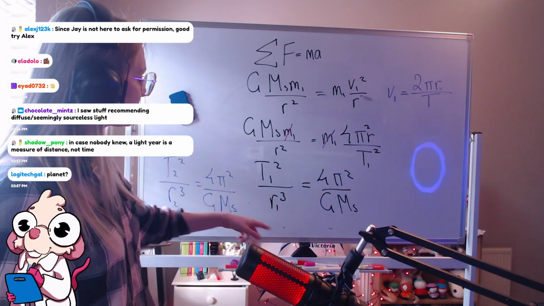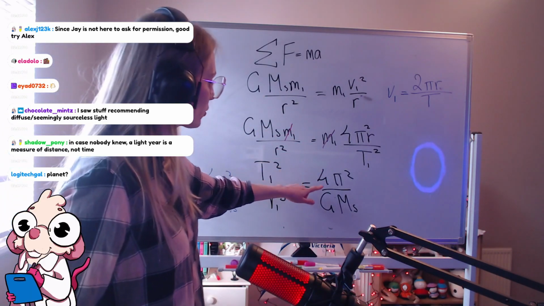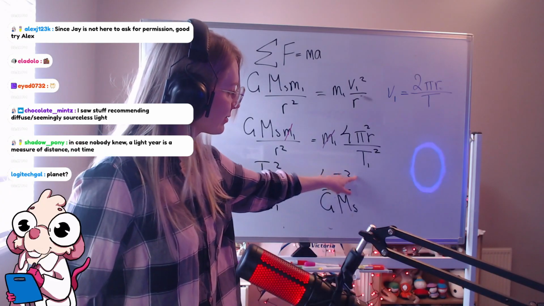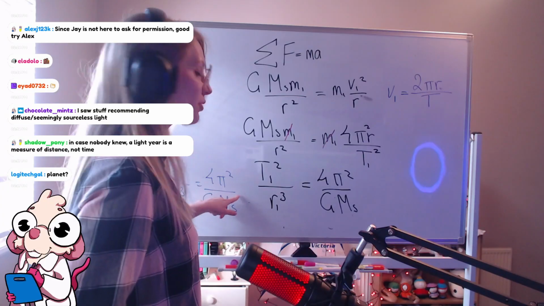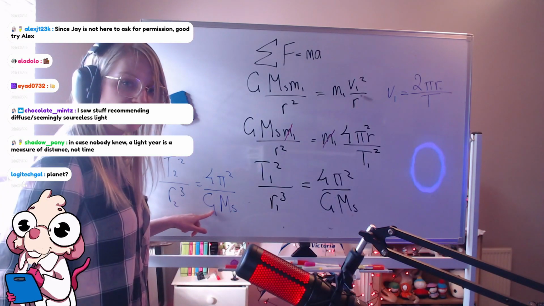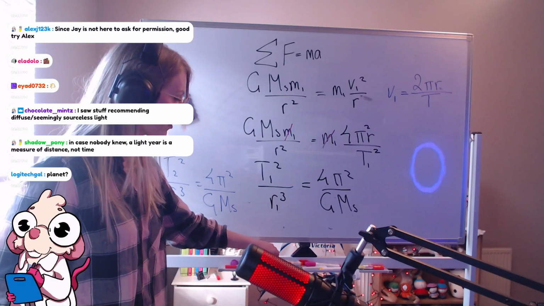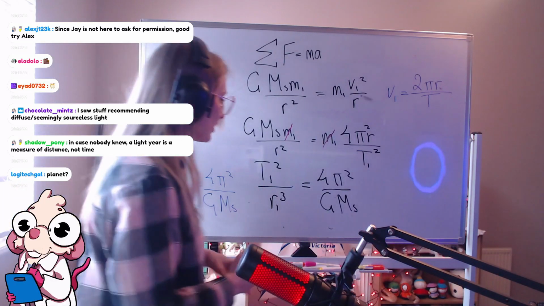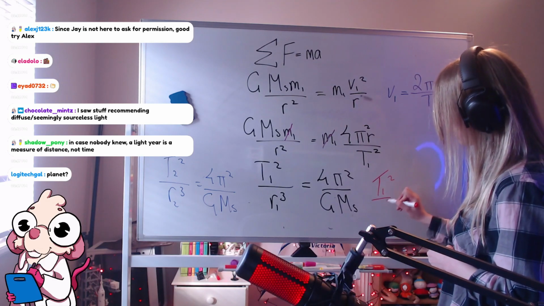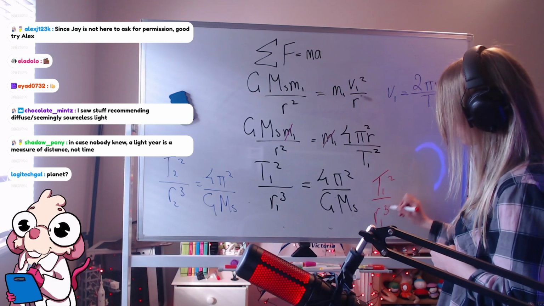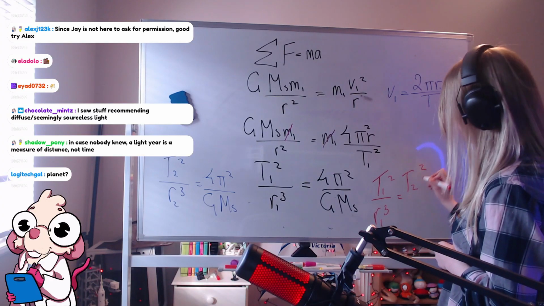So if we repeat the steps again for any other planet in orbit around the Sun, what you're going to notice is the 4 pi squared over GM is actually equal on both sides. Same thing. So we can equate those two things. Our final expression is that T1 squared over R1 cubed is equal to T2 squared over R2 cubed.